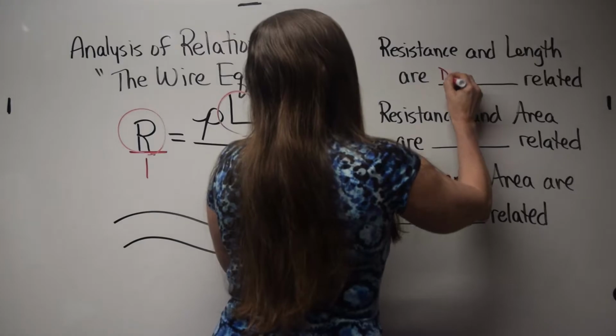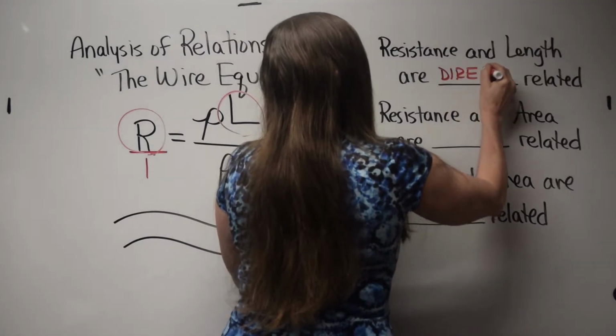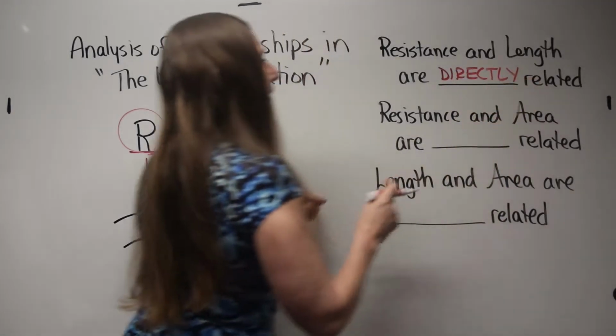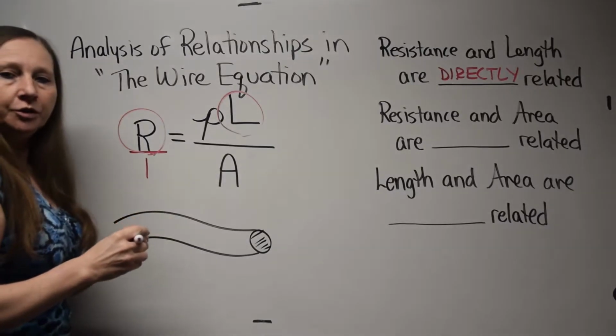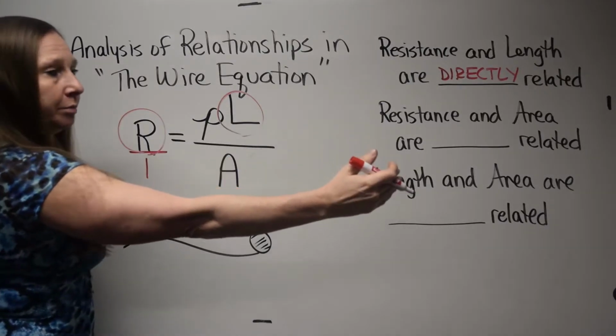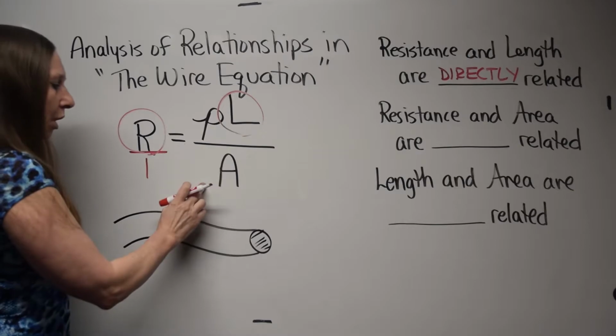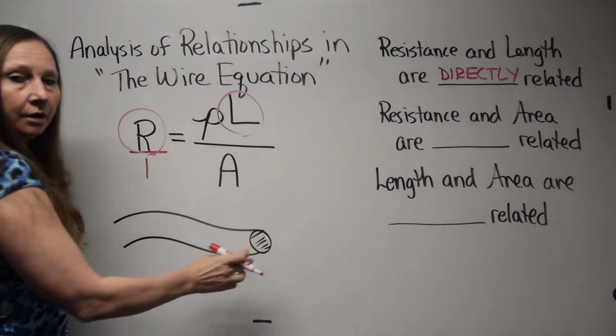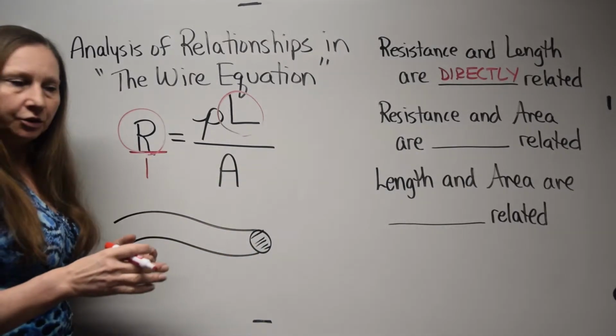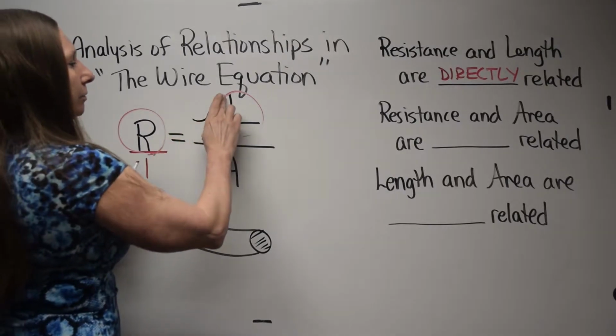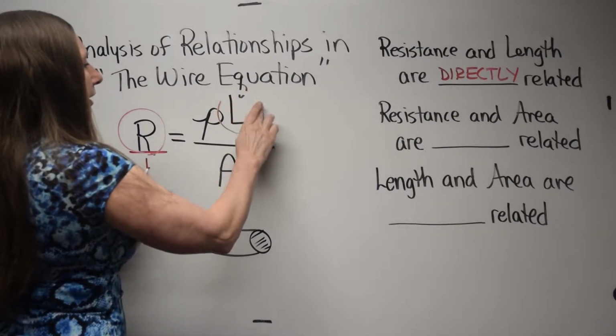Yes, that would be a direct relationship. Resistance and length would be directly related. In other words, if you take a longer piece of the same copper wire with the same area, you would have more resistance.